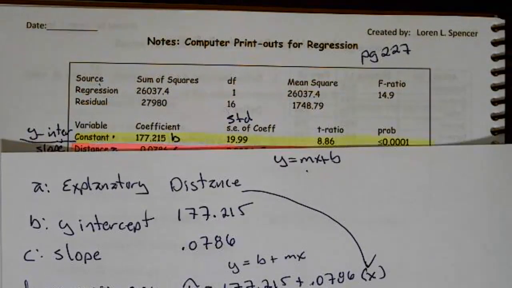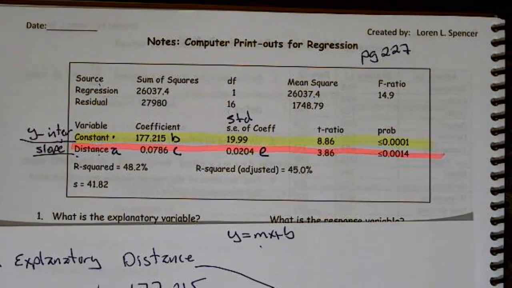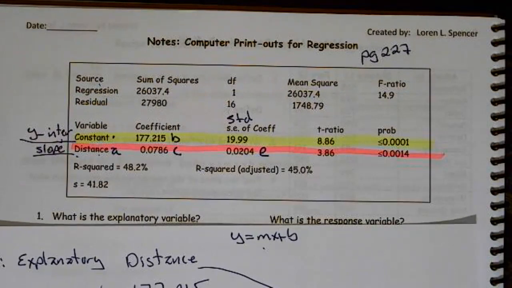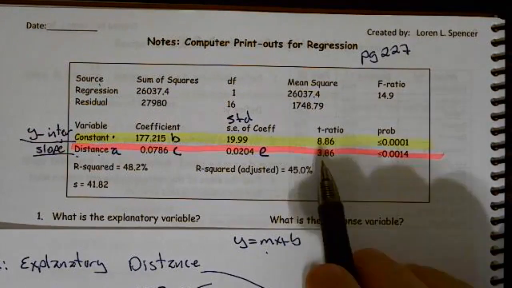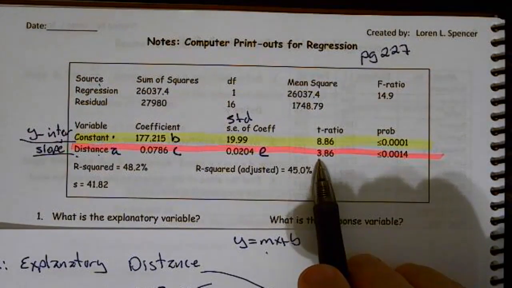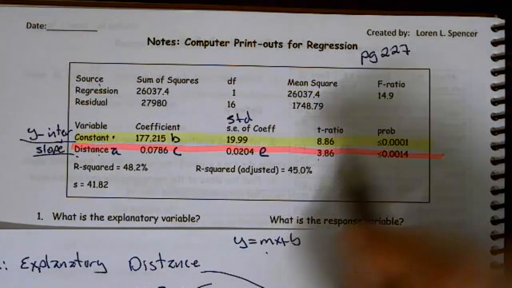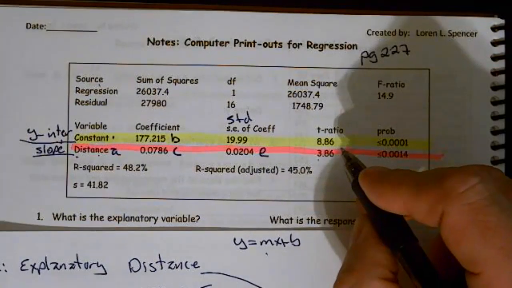The next thing I'm going to ask you for is the t-statistic of the slope. I have two t-statistics, but I'm specifically asking for the slope one. So that means I need to be on the slope row. And this is my t-statistic for the slope.